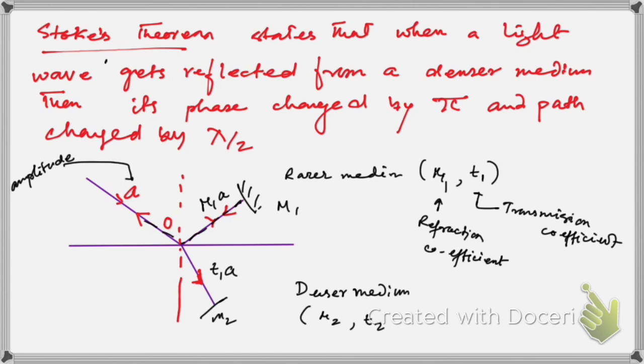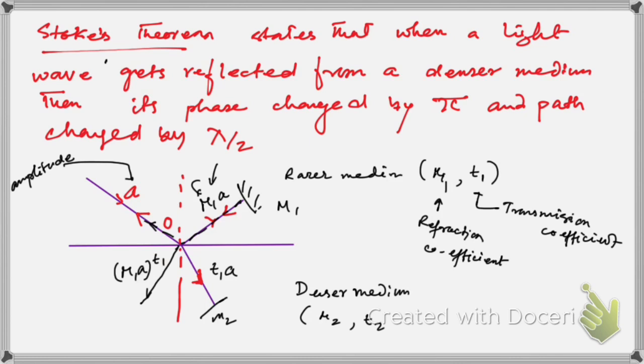The black colored one will have the amplitude R1 A, right? Because it is going from rare to rare, that's why. And one part will be refracted through the denser medium with amplitude R1 A, and after reflection it will be this, right? So hope you have understood this.